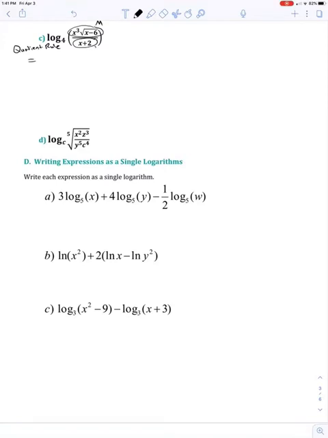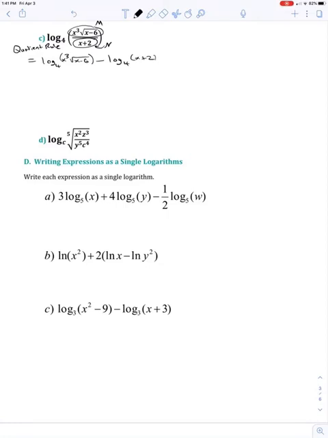If you look in our property, there's our denominator. So that'll be log base 4, and remember, this log base is a subscript, of the numerator, which is x cubed times the square root of x minus 6, minus log base 4 of the denominator, x plus 2. So there's our difference of logarithms.